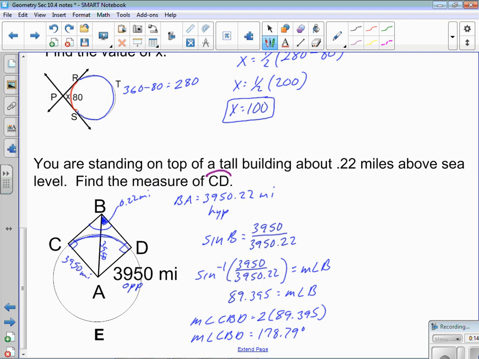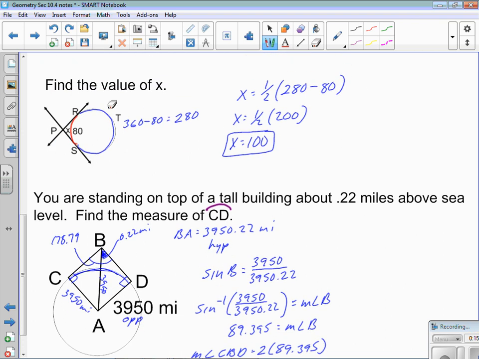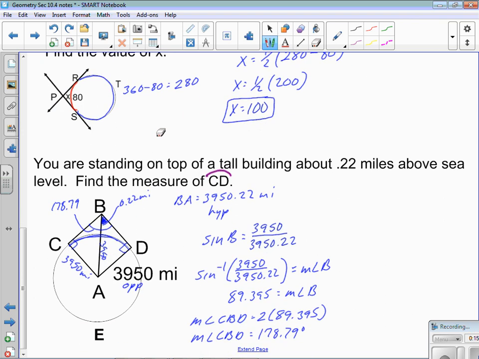So that whole angle right there is 178.79. And so now we can apply that to this rule here.